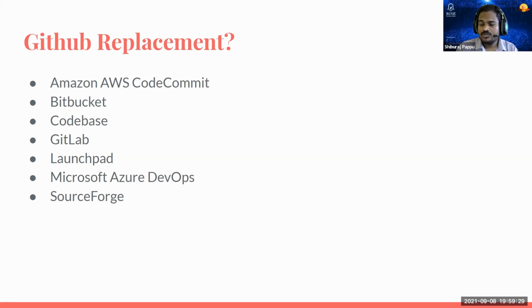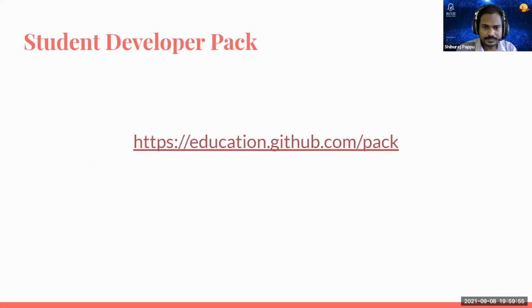GitLab itself is a free, open source code base where you can host your own repository, so you can create your own GitHub kind of a thing. Then Launchpad, Microsoft Azure, SourceForge. SourceForge was very popular in between, but then something happened and they are now not that popular. Okay, so now let's begin.